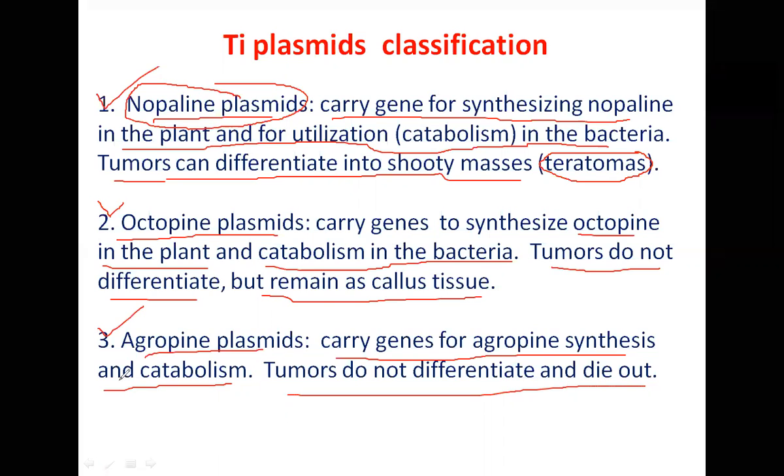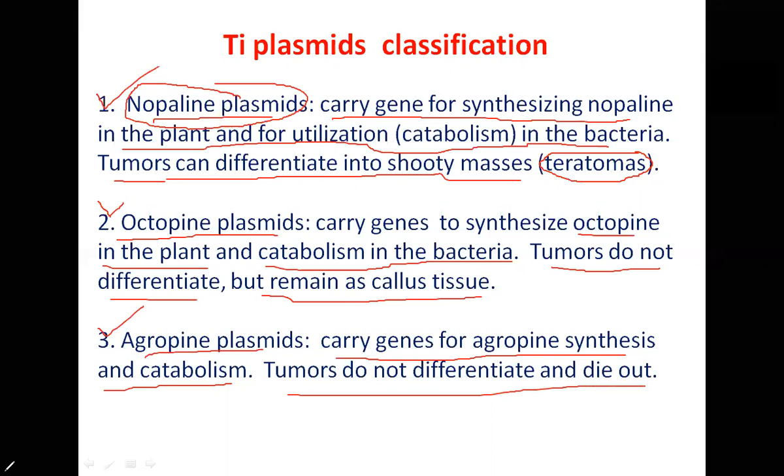They will not remain as callus tissue, but over a period of time, these tumors will shed. They will die out and they will shed. So after some time, there won't be any sign that there had been an infection of the agrobacterium, because the tumor must have been removed. It must have fallen down. After some time, it dies out and it falls out, right?